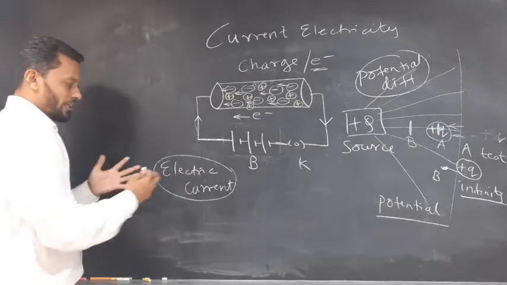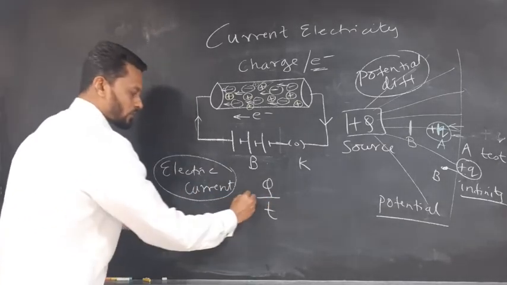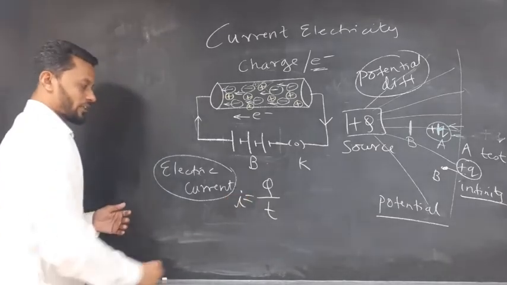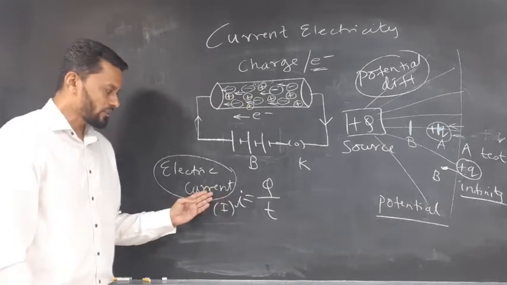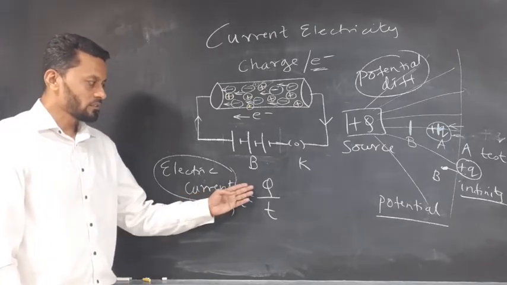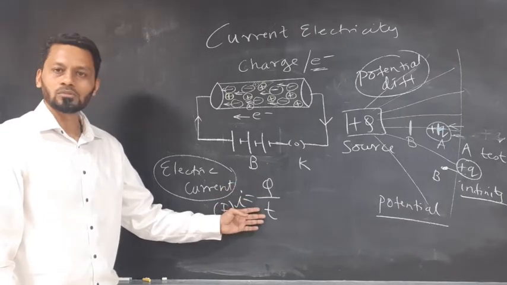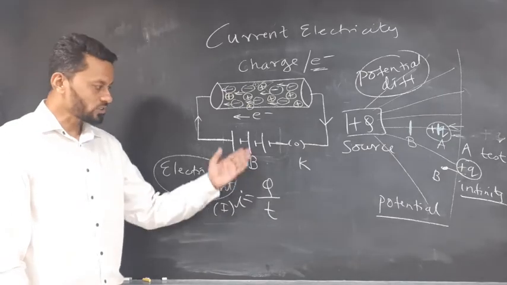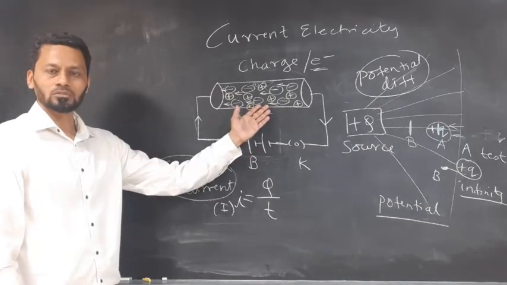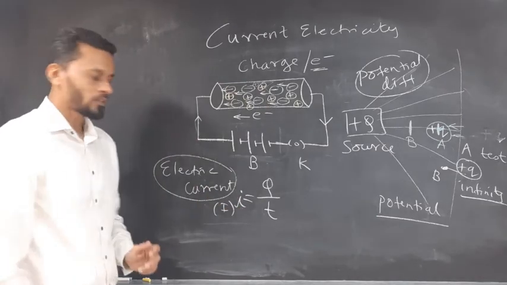So electric charge per unit time is called my electric current. I can denote it with I, or capital I. So electric current is defined as the rate at which the charge flows, the charge per unit time. What is the charge over here? This is the electron. So electrons have a relation with electric current.